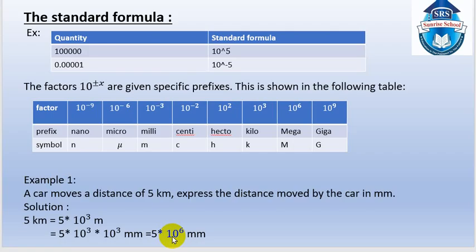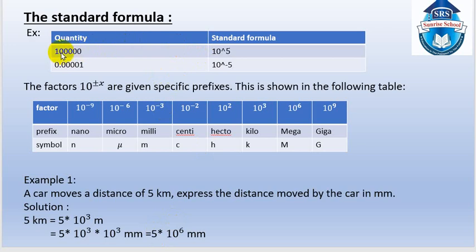A physical quantity is usually described by a numeral and a unit of measurement, but in some cases these values are very huge or very small. It is very difficult to read such values. We prefer to express these values in the form of a power of 10.